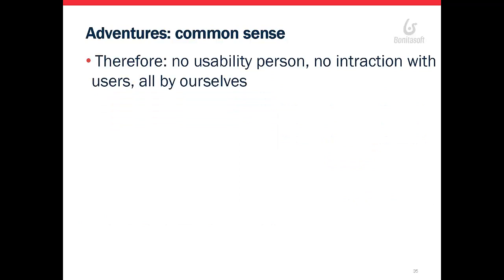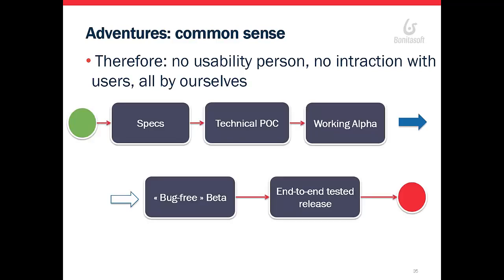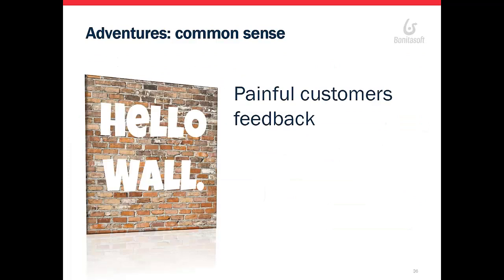So what happens is that you have development teams with no usability person, no interaction with users, and it's all by ourselves. So you have specifications, a technical proof of concept, then an alpha version that is working, a beta version that is bug-free as much as we can, and an end-to-end tested release. So you release. But then, very often, you get painful customer feedback.